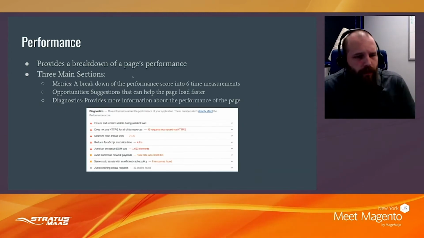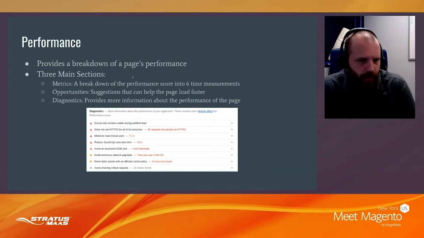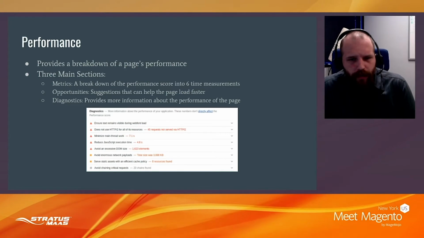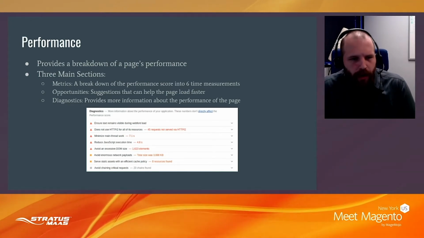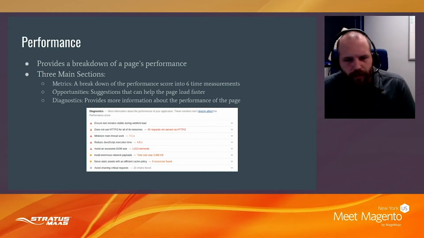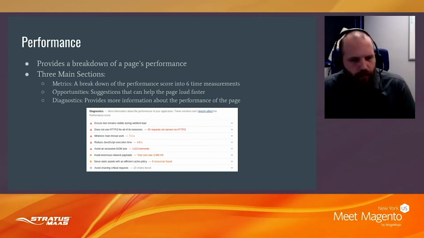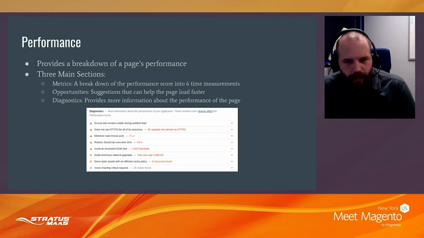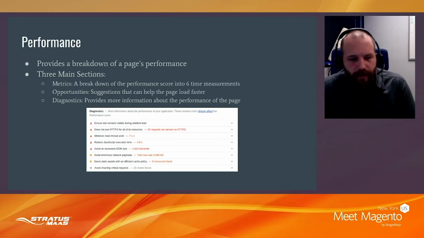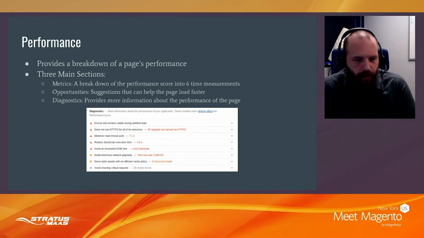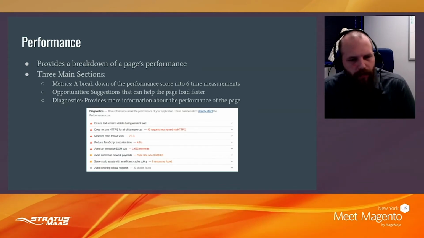Moving on to the third section, diagnostics. So unlike the last section, which was based on just time, this is other information that it is finding about the site that it sees as standing out to your performance. So things like excessive DOM size, the number of HTML elements that you're loading within that HTML document, the size of the network load, so how much the page weighs, basically, with all the images, everything included in that, and the file size of that when you're downloading all of those.